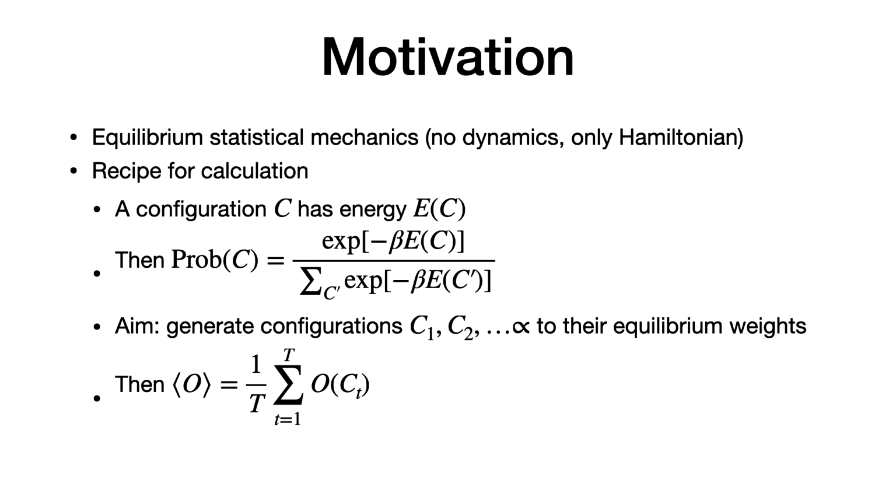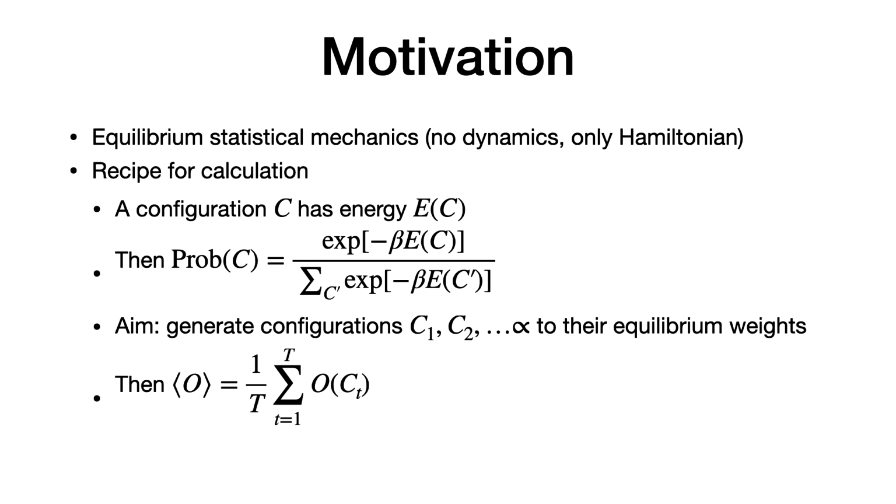So on a computer, what is your aim? On a computer, your aim is, I want to generate configurations C1, C2, C3, C4 in time sequence, and they should all appear with this probability. Each configuration has a different probability.